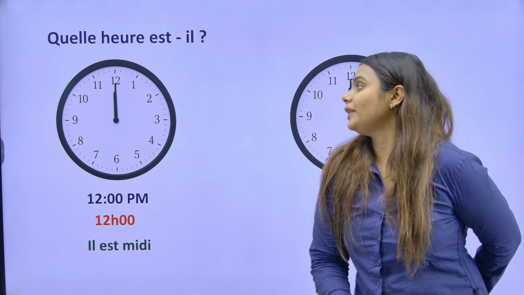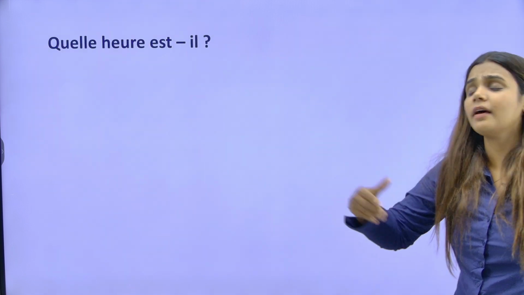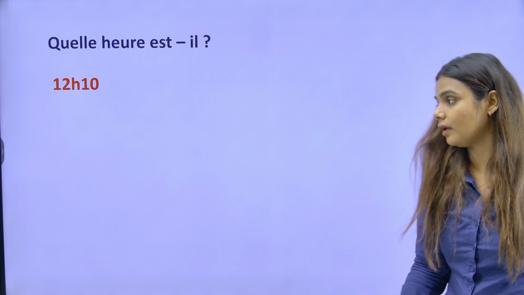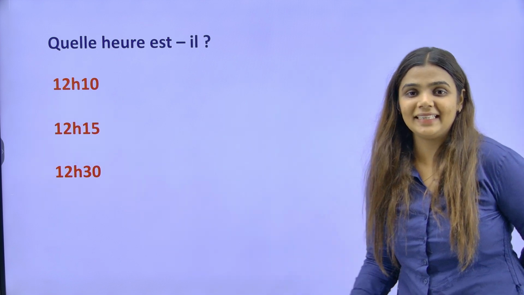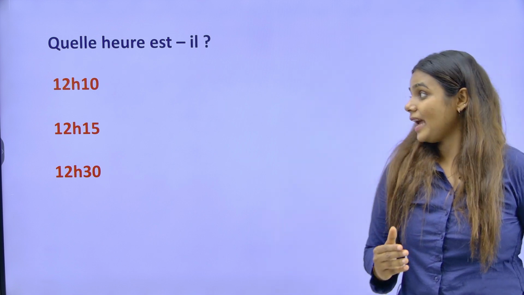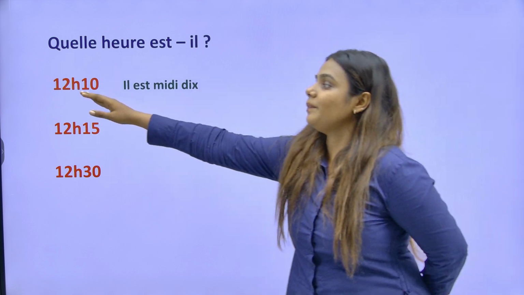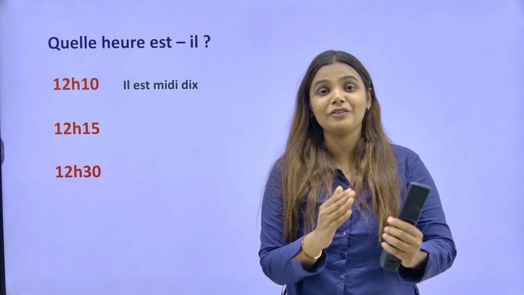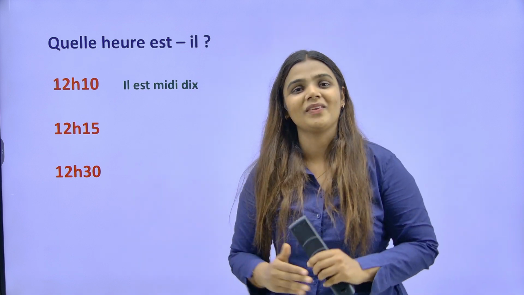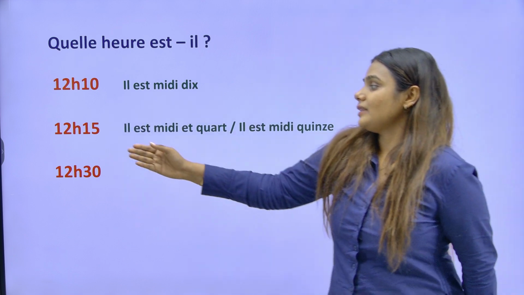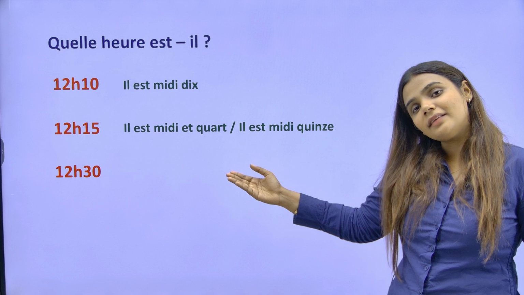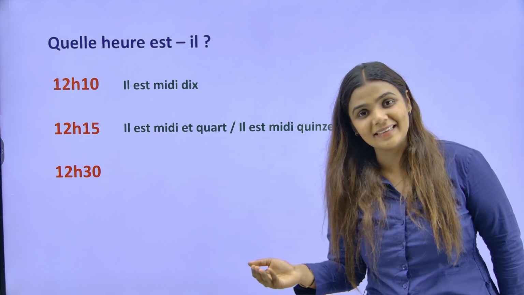So for example, if it is quelle heure est-il and if it is 12h10 or 12h15 or 12h30, I will be saying it as il est midi 10. I cannot say il est 12h10. No. I will be saying il est midi 10. I can say il est midi et quart or il est midi 15.